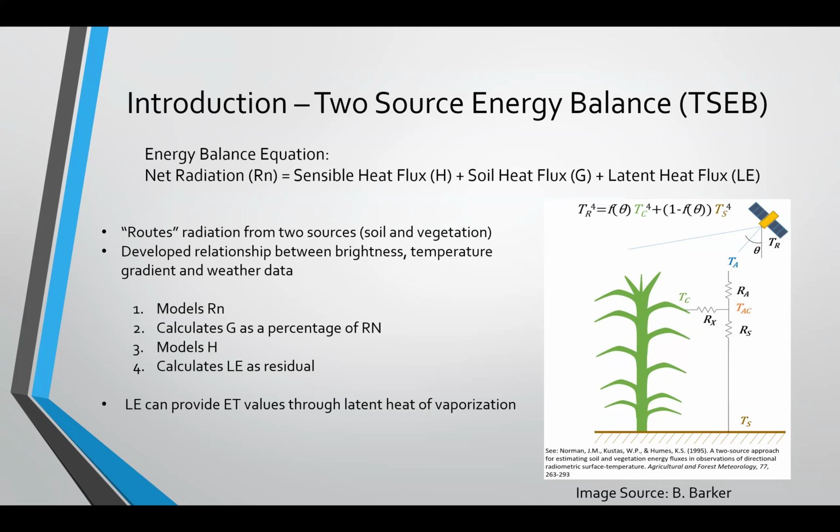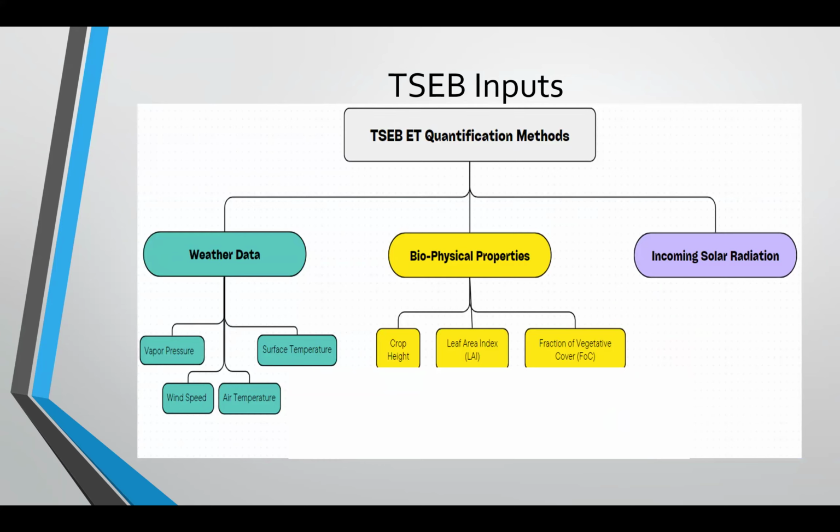This model routes the radiation from two sources, which are the soil and the vegetation. It calculates G as a percentage of Rn in the model, and LE is sort of the leftover. So here are the inputs that the model requires, and there's a lot of legwork to do to get your ET numbers.